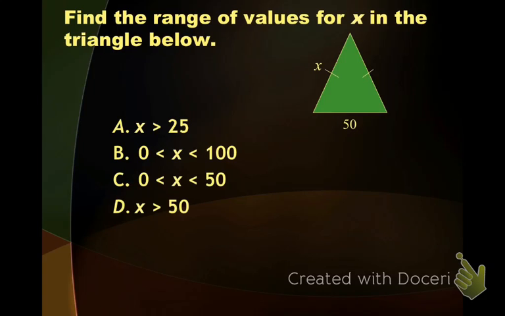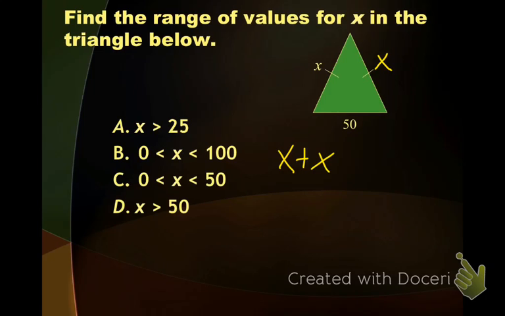All right, what could be the values for x? Now notice in the diagram the congruent side length. So we're talking about an isosceles triangle, at least isosceles, where both of these side lengths are x. Now, knowing these two side lengths, the sum of them, x plus x, can't be greater than or equal to 50.